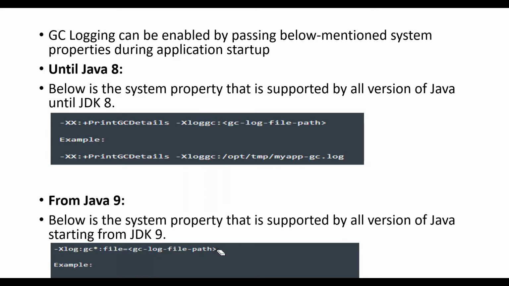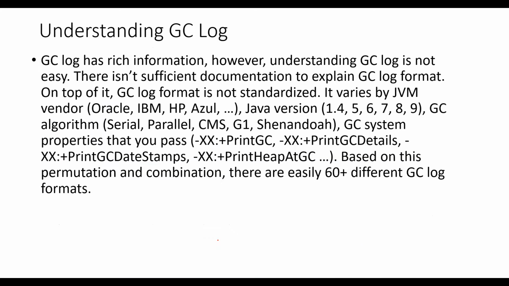Now next, understanding the GC logs. Keep in mind that there are different types of GC algorithms. We have seen Serial, Parallel, CMS, and then G1. With different types of GC algorithms, the logs they generate are not uniform.